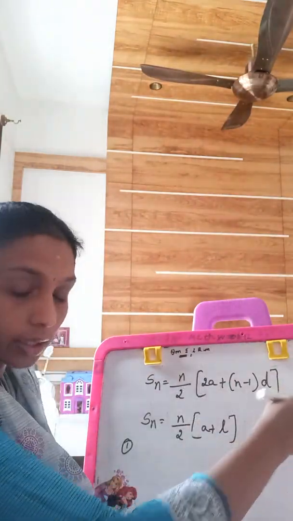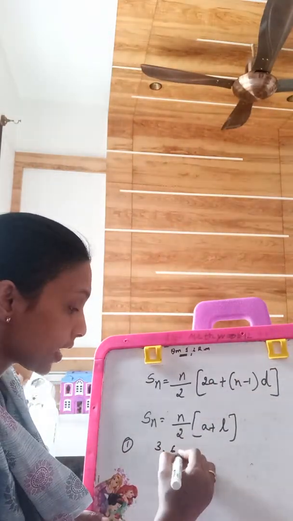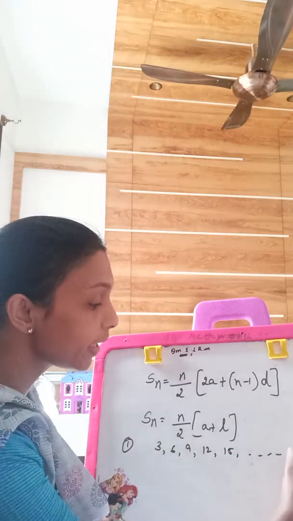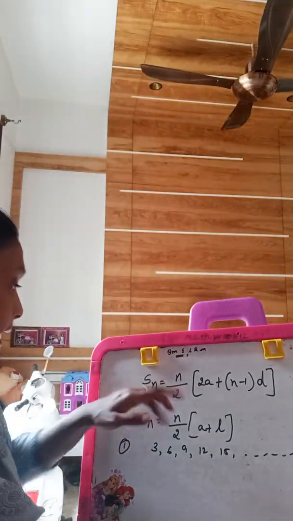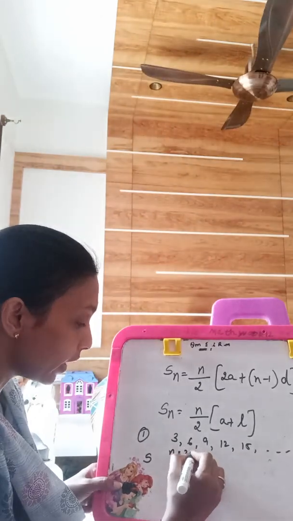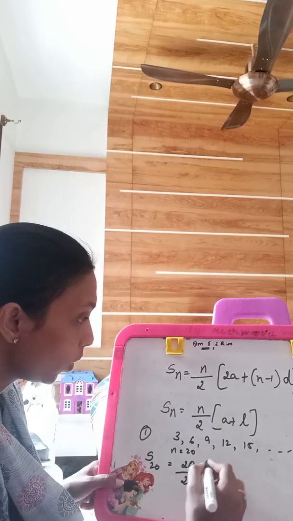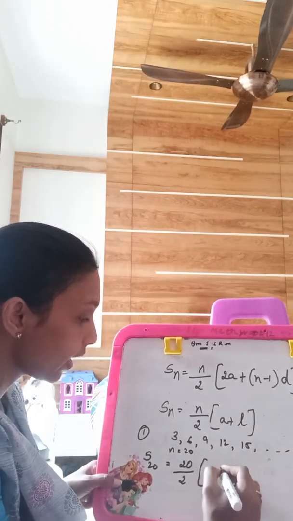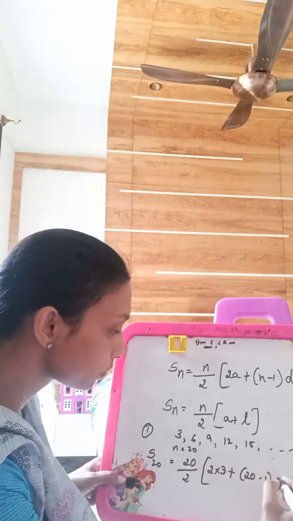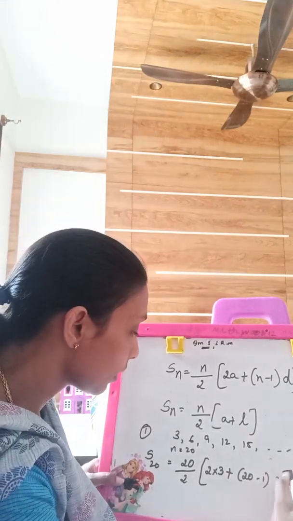Same example as we did now. 20 terms: 3, 6, 9, 12, 15, and the 20th term was found to be 60. Now, S20 we are supposed to find. What is N? N is equal to 20 terms. S20 is equal to 20 by 2 into (what is A, children? 3 plus 20 minus 1 into D. What is D? 3).